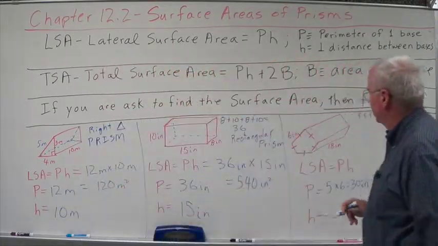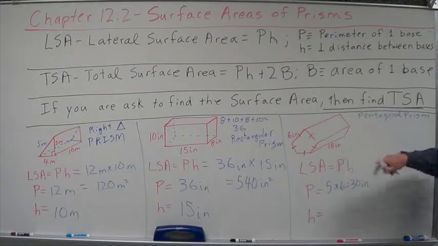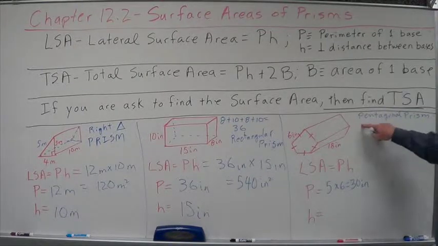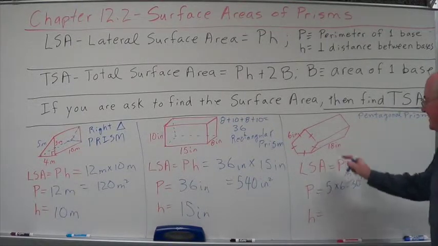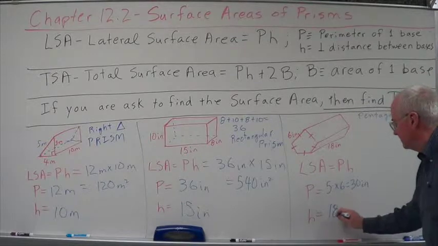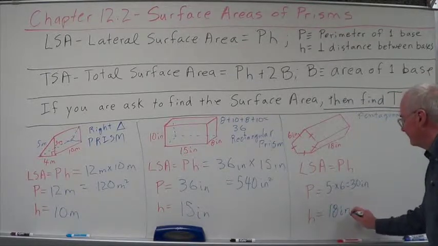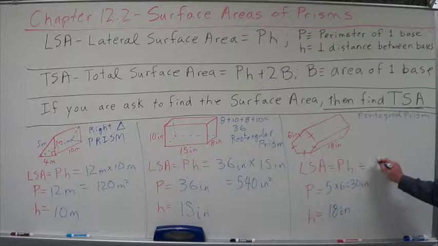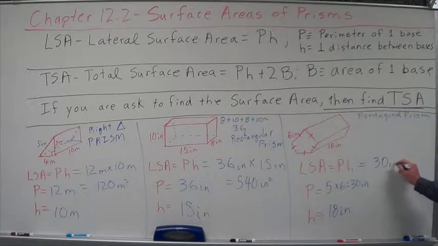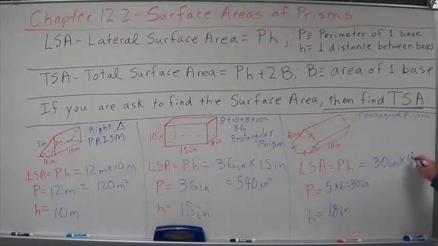What's our height? The distance between the pentagons is 18 inches. Therefore, this is 30 inches times 18 inches.